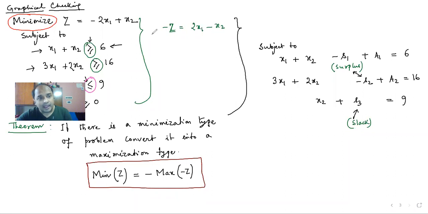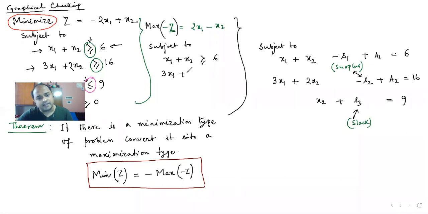And here we'll write max of this. This is the conversion. The rest will remain the same. The other constraints will not have anything to do with this.